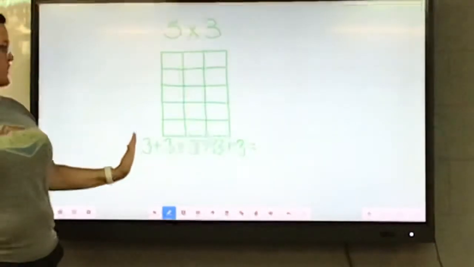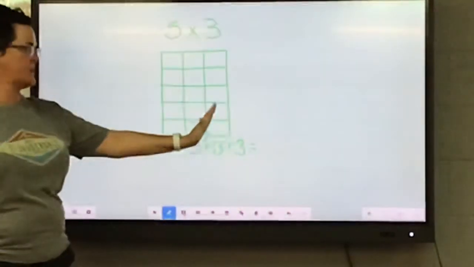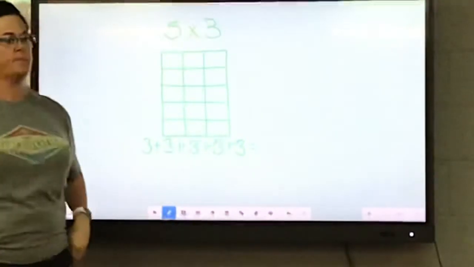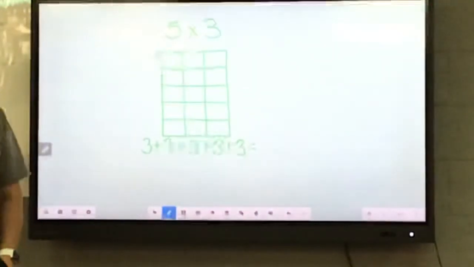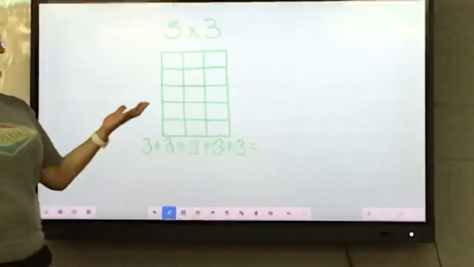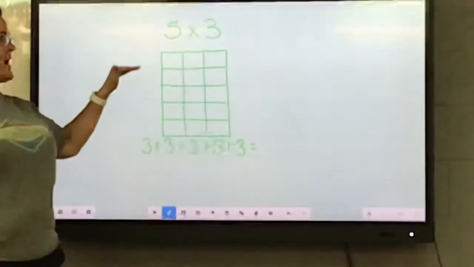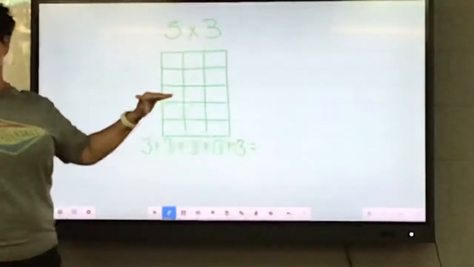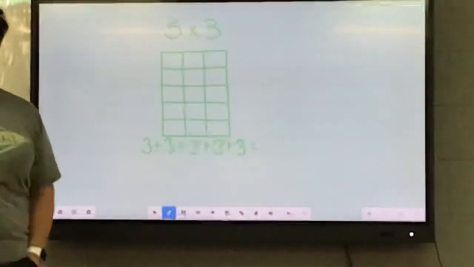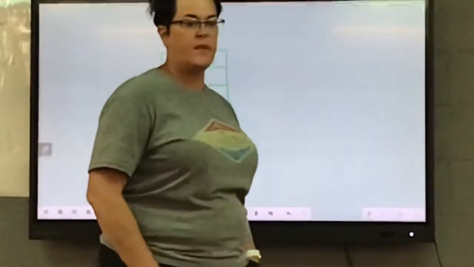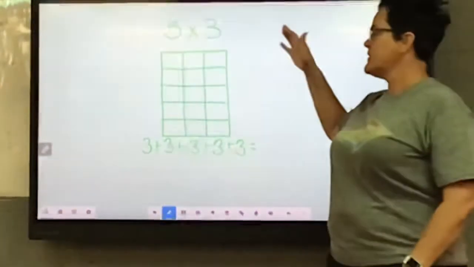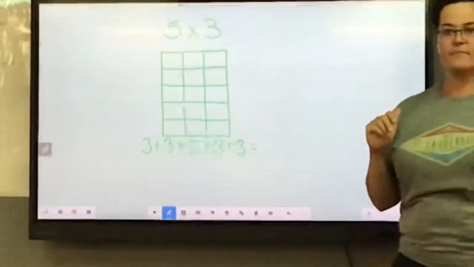So it's saying 3 plus 3 plus 3 plus 3 plus 3. What is the total amount of square tiles that you have if you have 5 times 3?